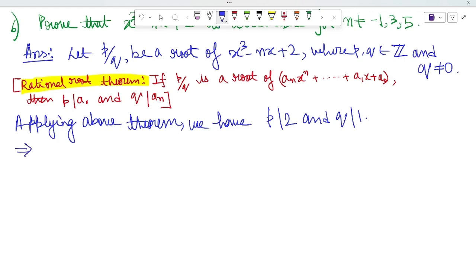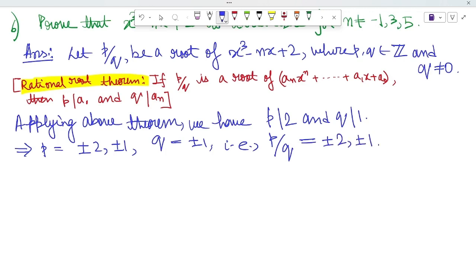That means P equal to plus minus 2, plus minus 1, and Q equal to plus minus 1. That means what is the choice of P by Q? Choice of P by Q is plus minus 2 and plus minus 1.